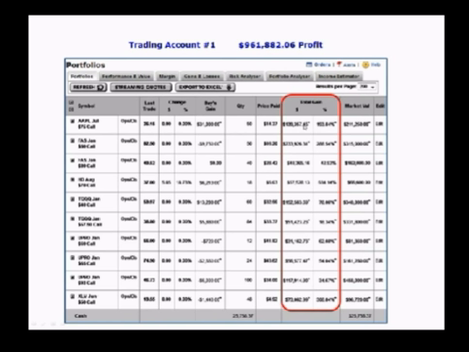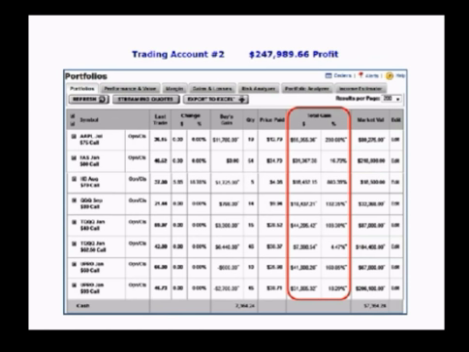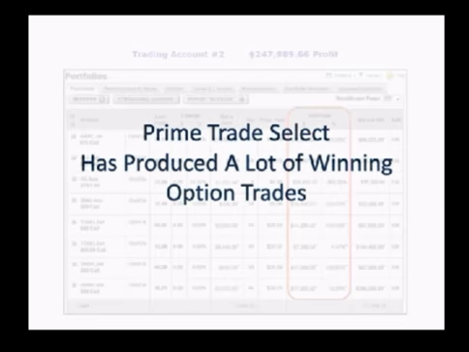So this is just an open trade snapshot. This retirement account had a $961,000 open trade profit using Prime Trade Select, and my smaller retirement account had a $247,000 open trade profit. So those trades were selected using Prime Trade Select.